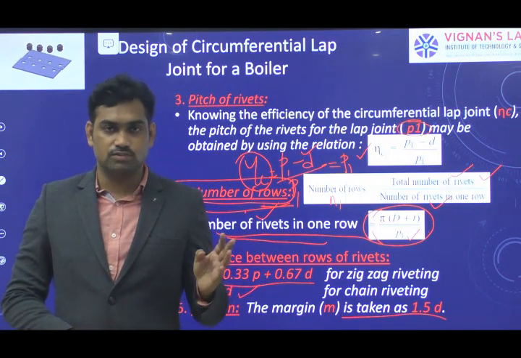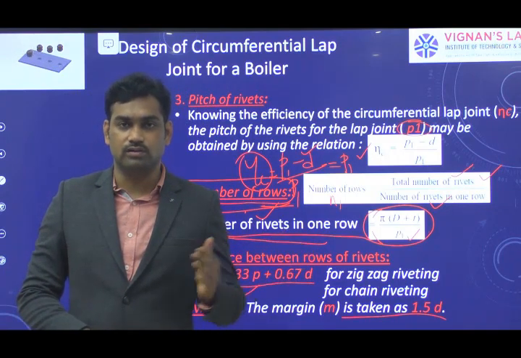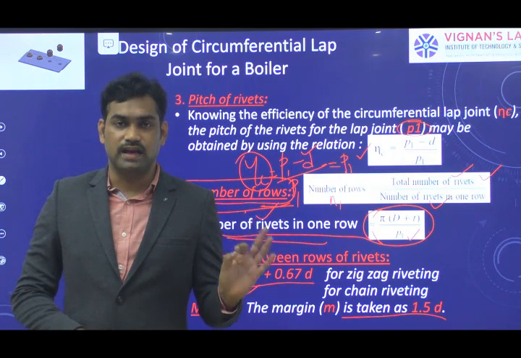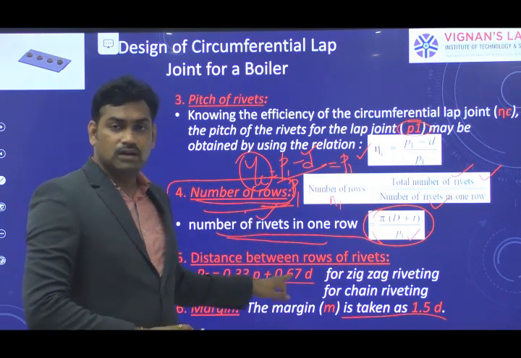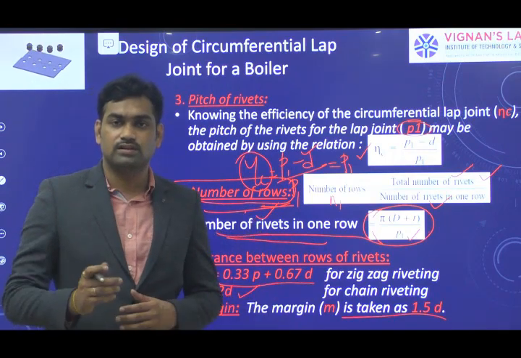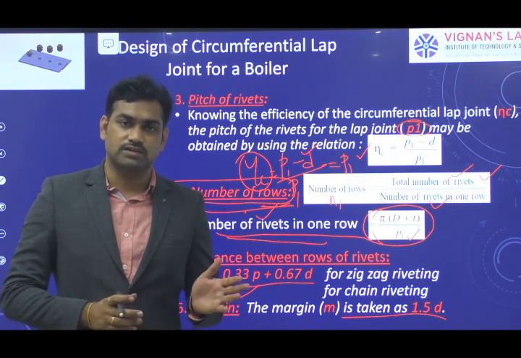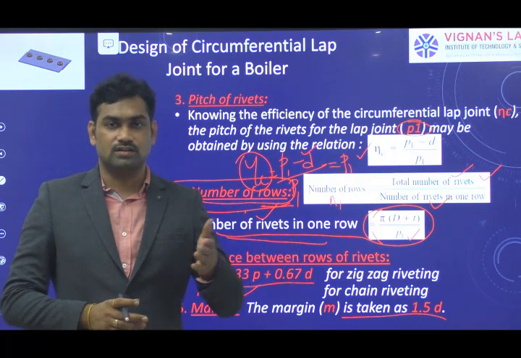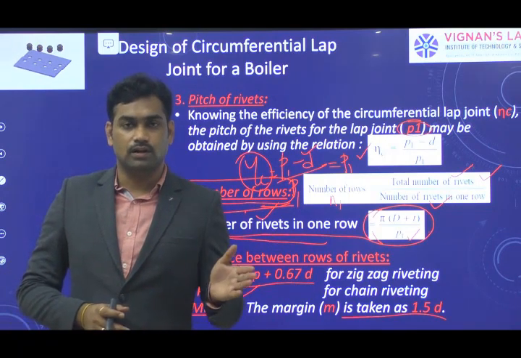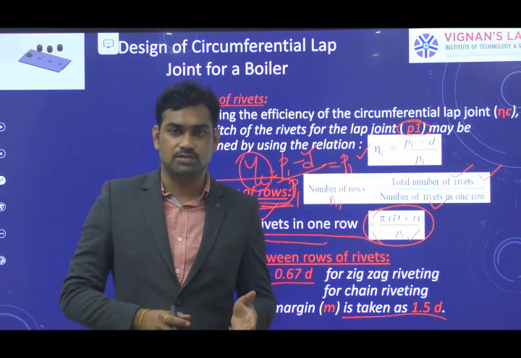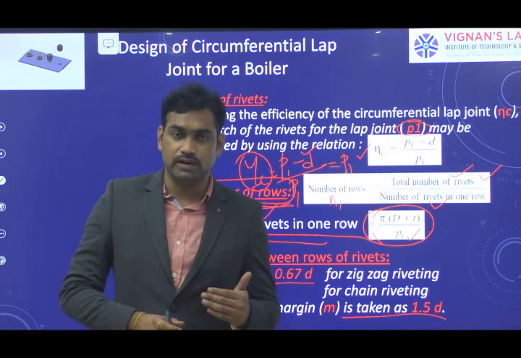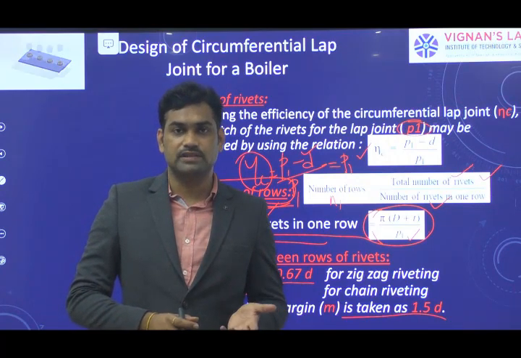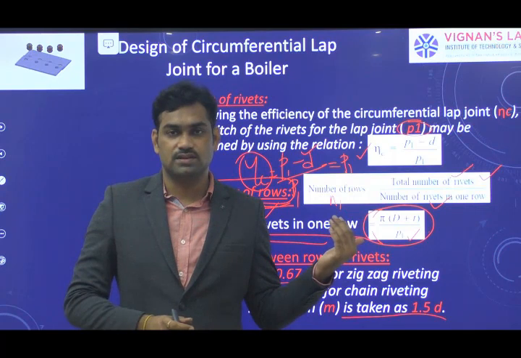So three terms are common between the longitudinal and the circumferential joint: the thickness, the diameter, the row pitch, as well as the margin. The only thing we need to change here is, firstly, to find the number of rivets by equating the shear strength to the gas load acting in the boiler by means of gas pressure. That will give N. After that you can find the pitch from the circumferential efficiency of the joint.